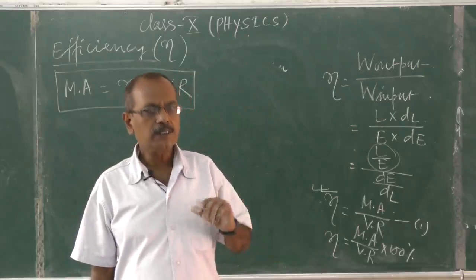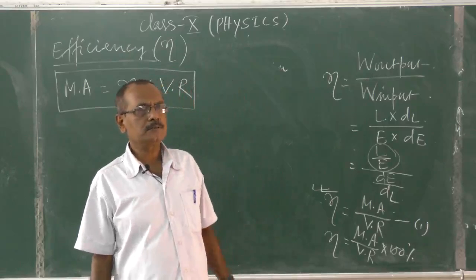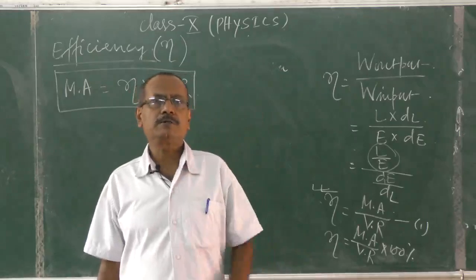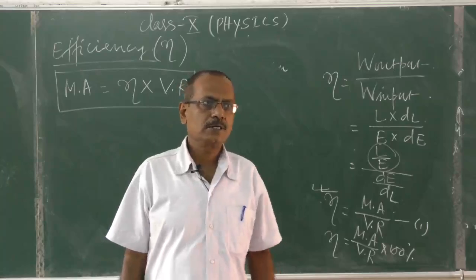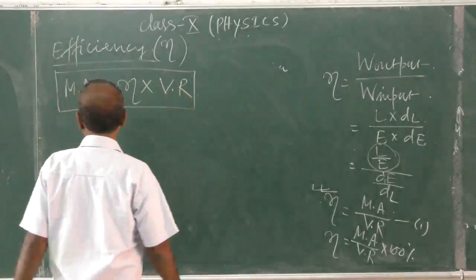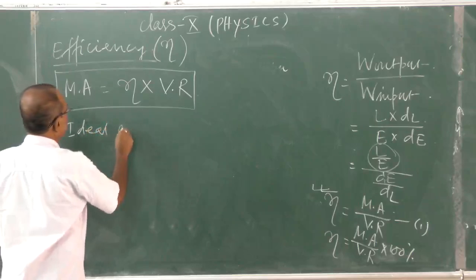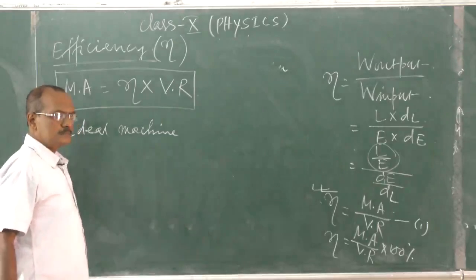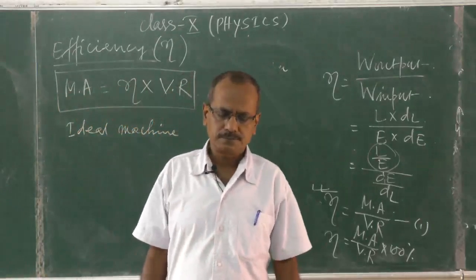Now we are considering two types of machine, that is ideal machine and actual machine or real machine. In case of ideal machine, work input equal to work output.